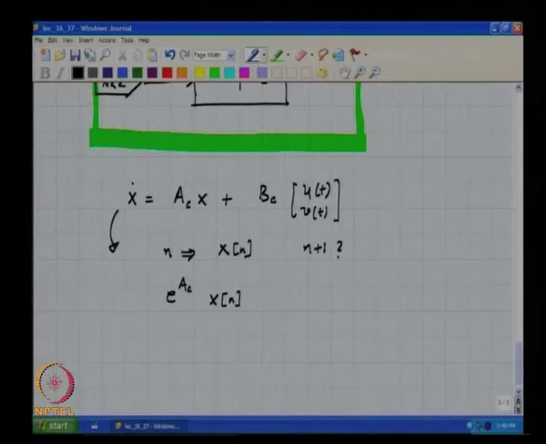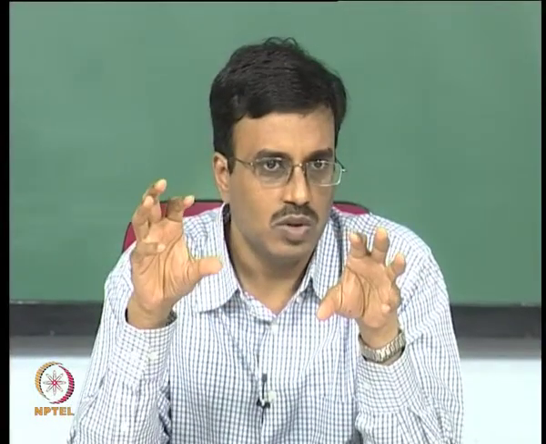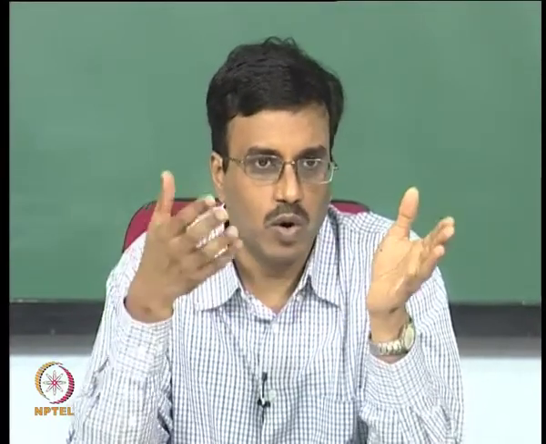Okay. So, x of n plus 1 will consist of two components, one which is the natural response of the system or the transient response, where the states decay as e to the A_C times t minus n. You are all familiar with this from basic circuits, correct. Let us say you have an RC circuit, the capacitor is charged to some voltage V naught, and then you let the circuit go.